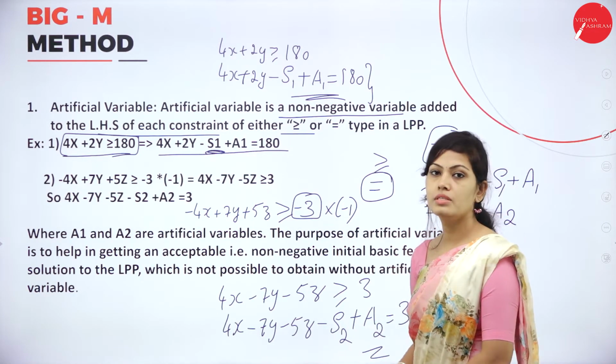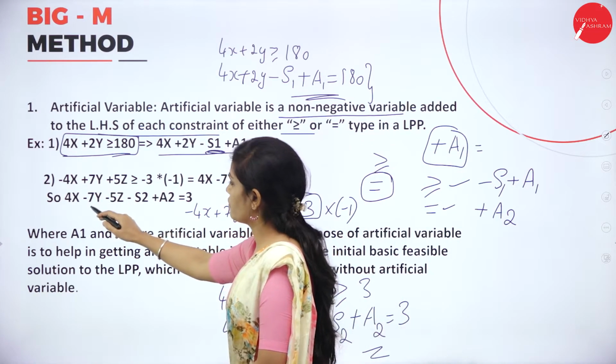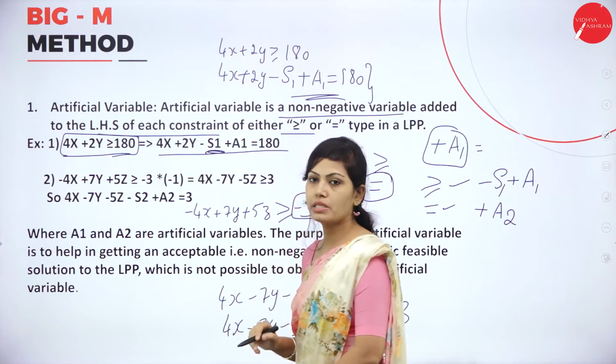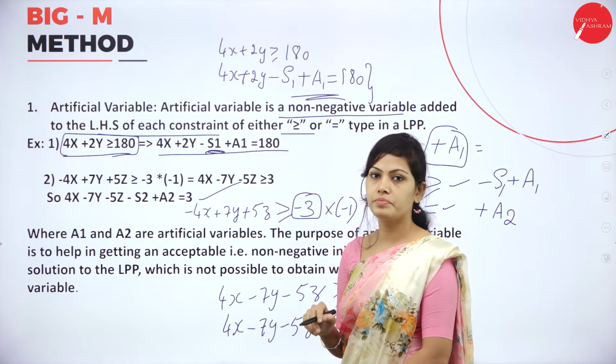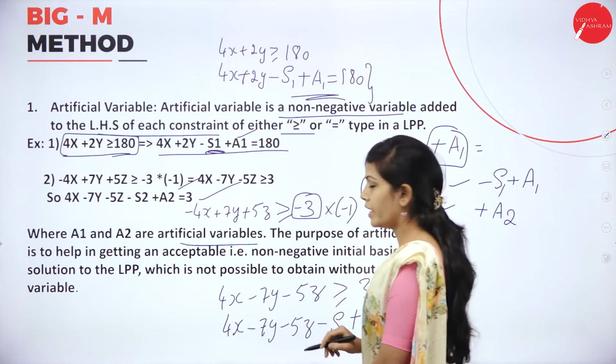This is your standard form in the BCA method: 4x minus 7y minus 5z minus s2 plus a2 is equal to 3. Now it is in standard form. Here, a1 and a2 are artificial variables.